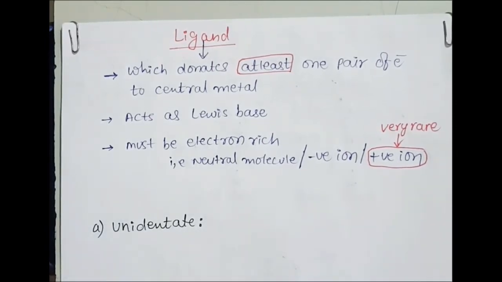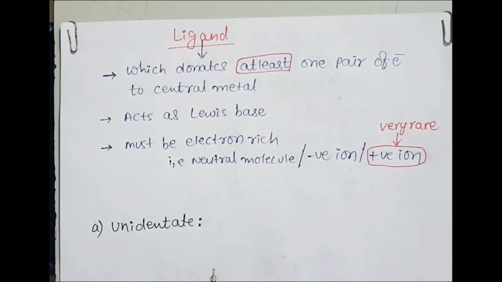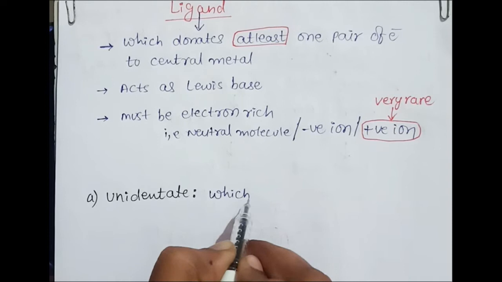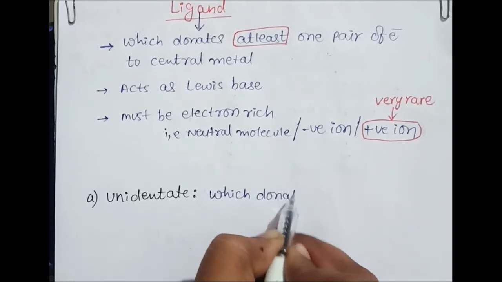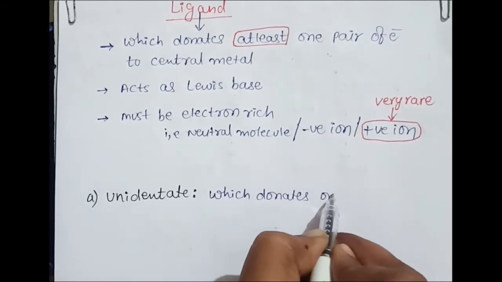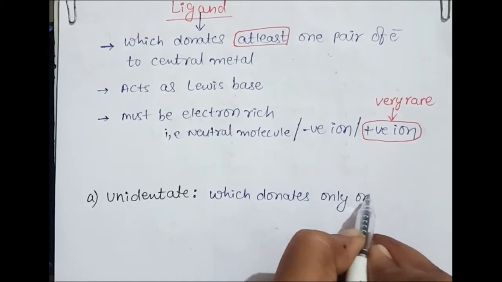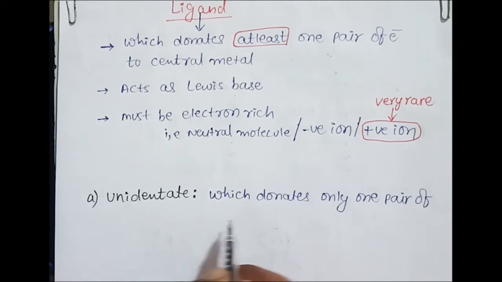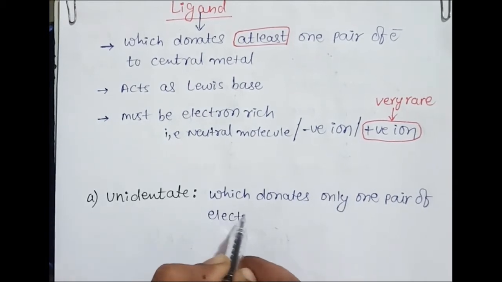You must have guessed the definition. What is a unidentate ligand? It is one which donates only one pair of electrons to the central metal.